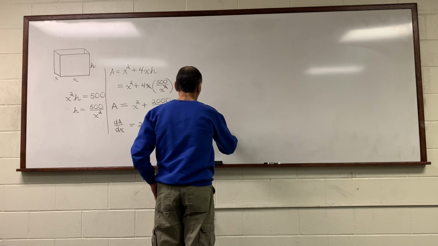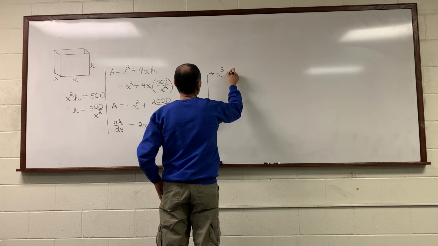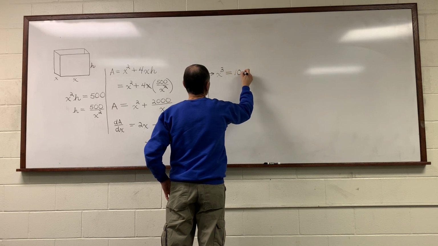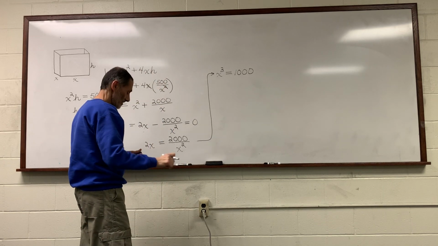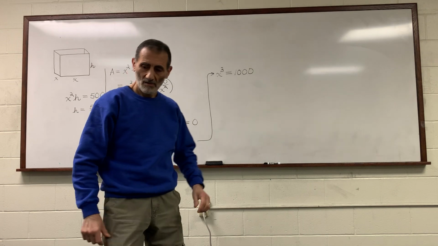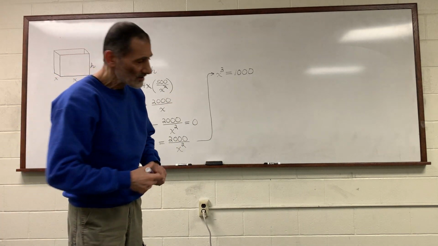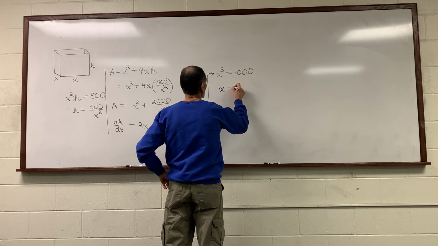So moving over, we have x cubed equals 1,000. So x equals 10.